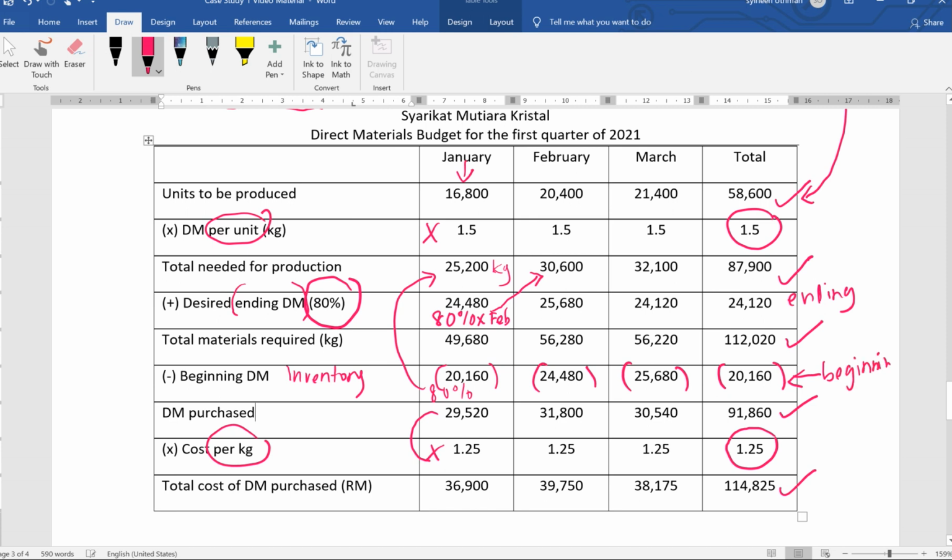For ending, take the last one, which here is March. For beginning, take the first one, which is January. So not everything should be totaled in the last column.